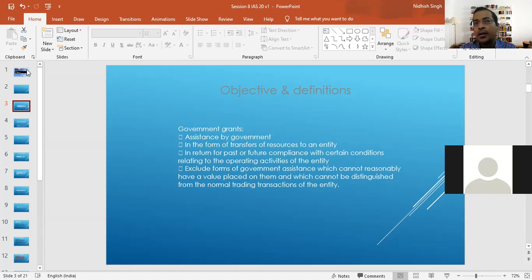And this is an underlying and overarching concept in the entire accounting world, or more particularly in IFRS, that if you cannot quantify something or you cannot measure it, you cannot put it in the primary statement. And it doesn't mean that it is not true. You might still be getting some assistance, some benefit from the government, but if you cannot really put a number on this, if you cannot quantify this, then there is no way it can appear in the financial statements. So the quantifiability is important.